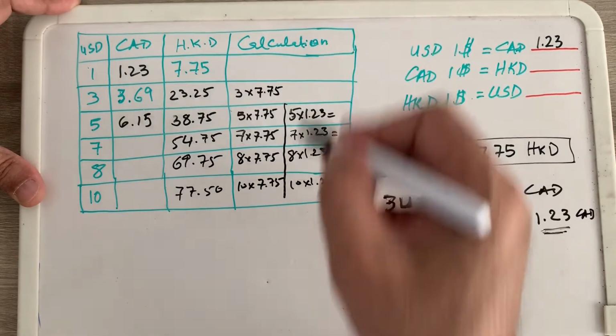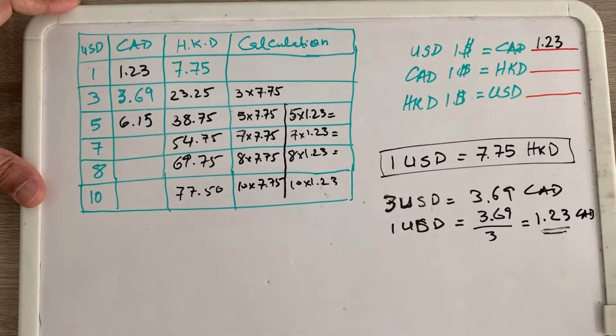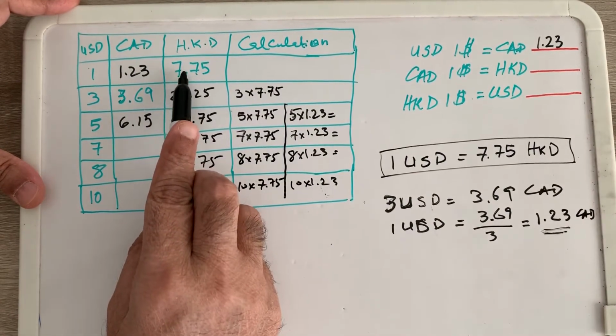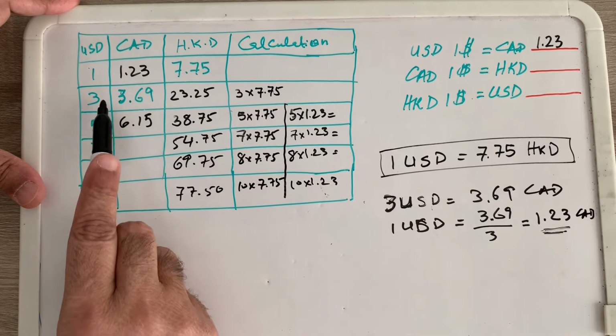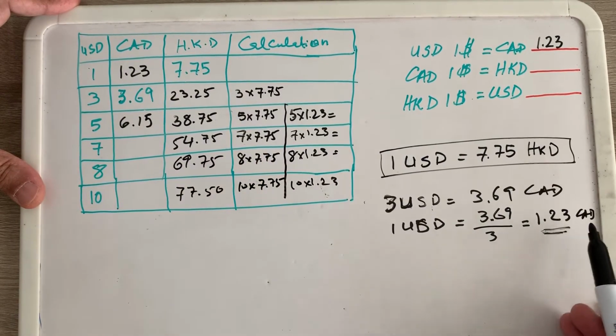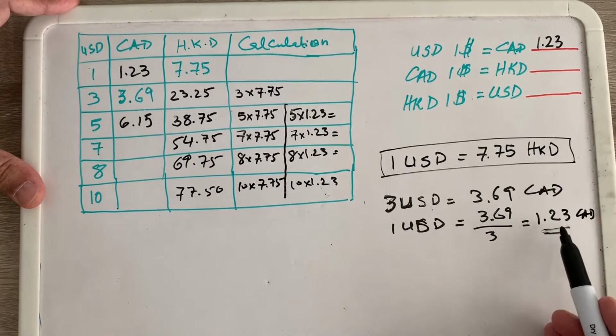Now in the calculation column, we show our work, how we found it out, right? So we have the conversion here, and this conversion is known, that 1 USD is equal to 7.75. So this was straightforward. We only have to do the calculation of how much 1 USD is to be multiplied by the multiplying factor 1.23.